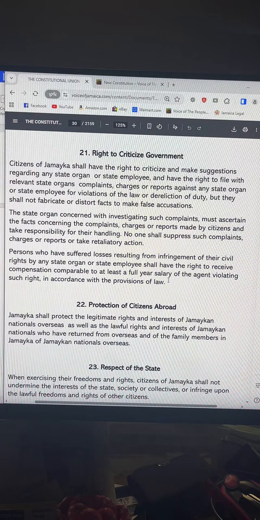So if, for example, a public servant targets an individual and starts using unlawful means to provoke or to make that person's life a living hell, if that is found to be true, that individual causing you hell would have to pay you 1 year's worth of their salary. Plus, they may also face criminal penalties. Right? So that will deter people from doing foolishness.